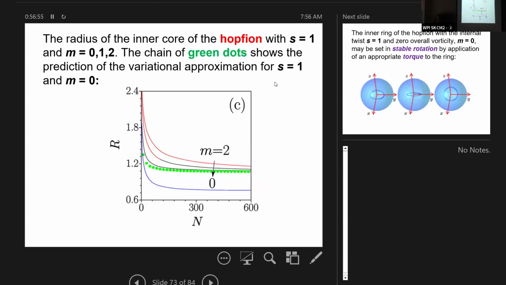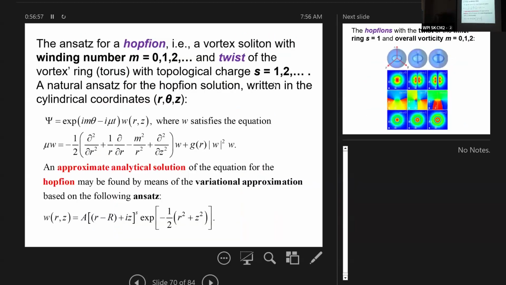Now, when I showed this formula, this formula is an ansatz which tries to reproduce the Hopfion. It's the simplest ansatz. If you look at this factor, it's easy to understand that indeed it tries to reproduce this intrinsic twist in terms of the cylindrical coordinates with integer S, which should be positive, of course.